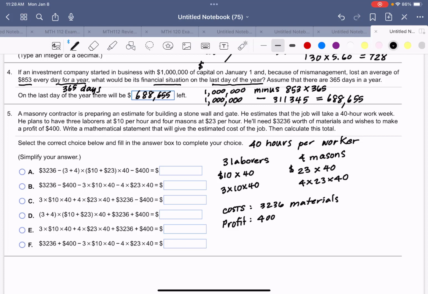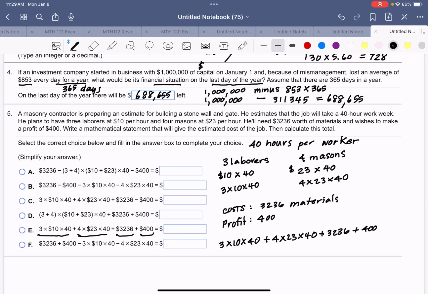Well, we've got the 3 times 10 times 40, and then we're going to have to add the masons, the 4 times 23 times 40, plus the 32.36 for materials, plus the $400 for profit.